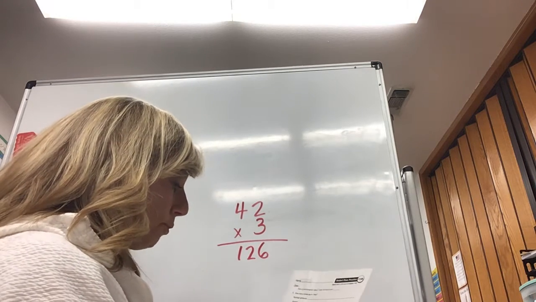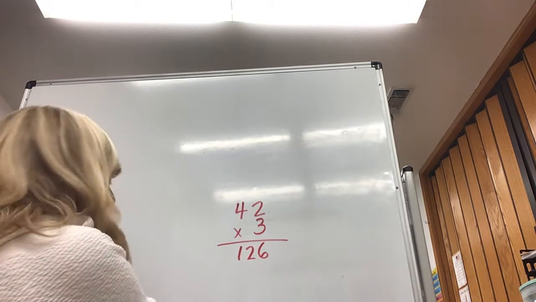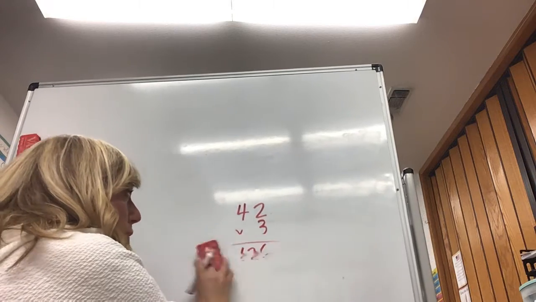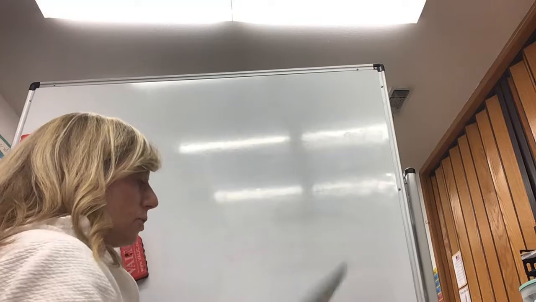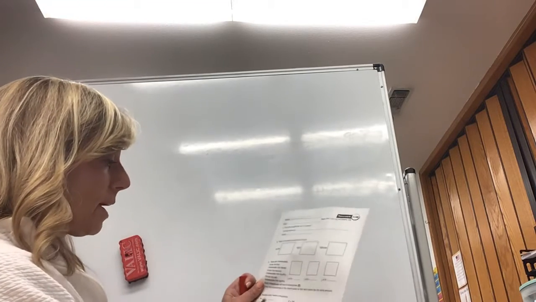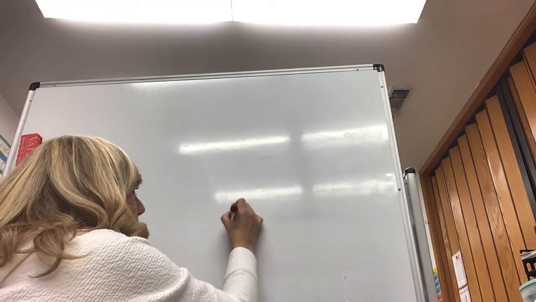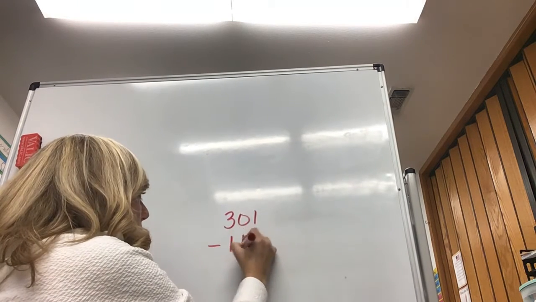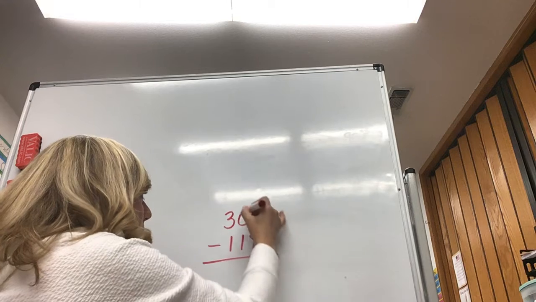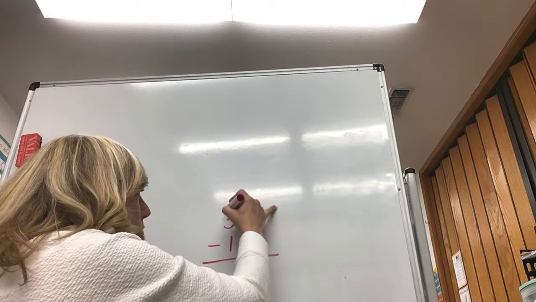And then don't forget that when we are subtracting, you've got to borrow. So on the homework side, they're taking 301 and subtracting 118, and I just borrow.